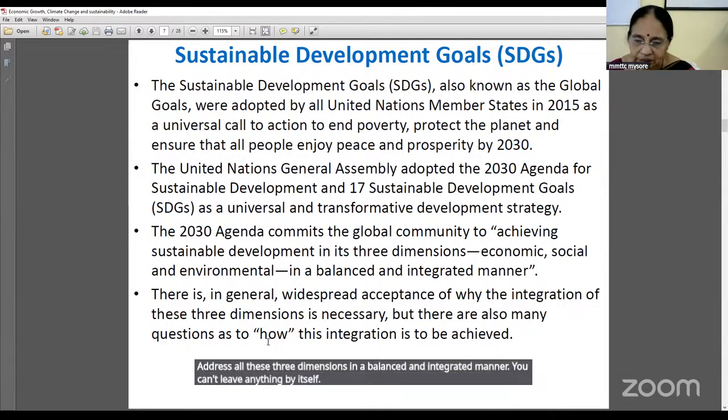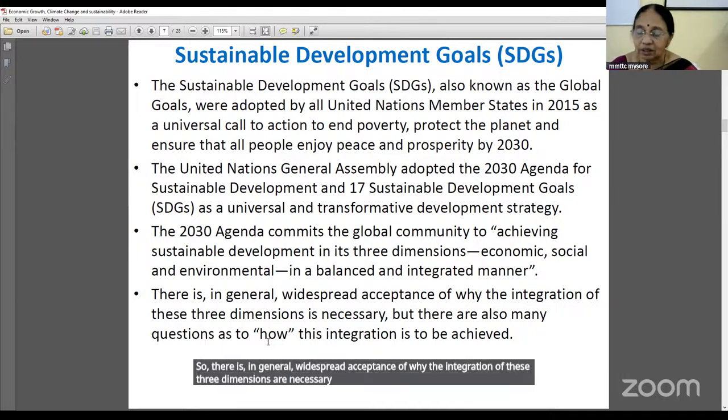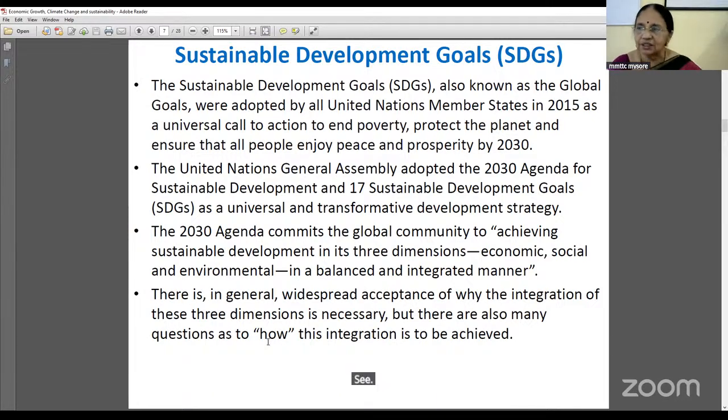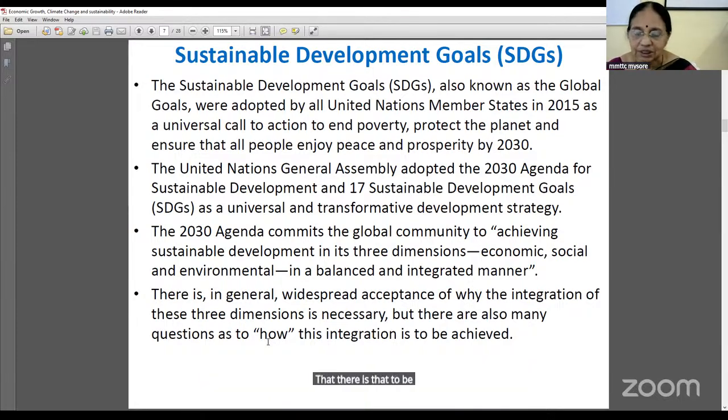So there is in general widespread acceptance of why the integration of these three dimensions is necessary, but there are also many questions about how. See, after understanding this, I know for sure that all of you also appreciate that it is important to address the social issues, environmental issues, and economic issues. All of us agree that they are to be integrated. All these three dimensions are integrated for sustainable development.